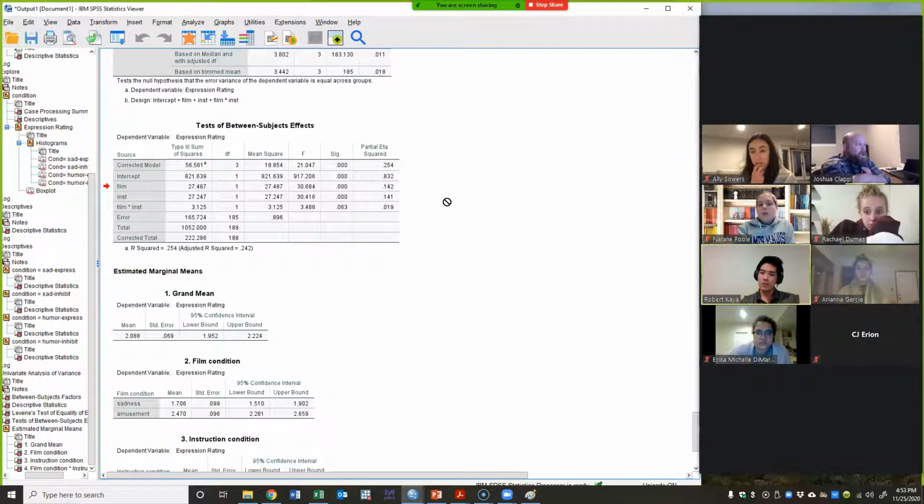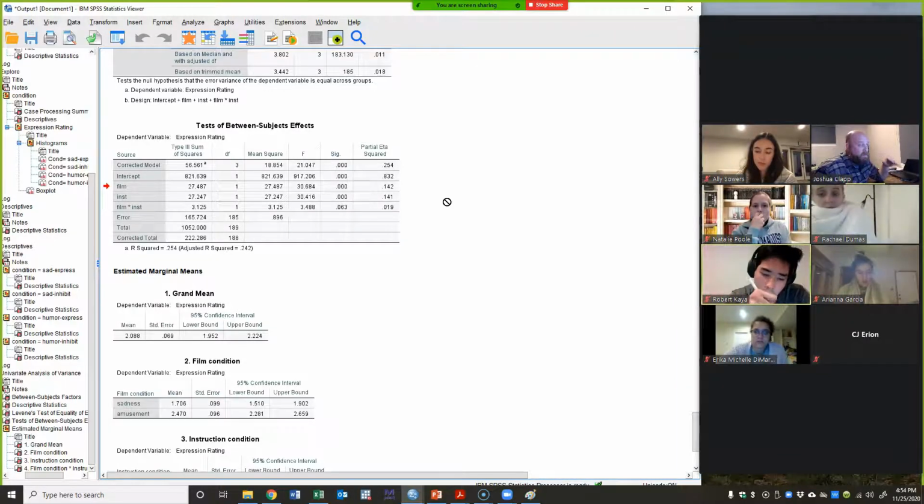Yeah. So collapsing across instruction condition, we're saying that we have strong evidence of differences in expressive behavior across the sadness and the amusement films. So ignoring condition, there are differences in expressive ratings for people watching the sadness film versus the amusement film.